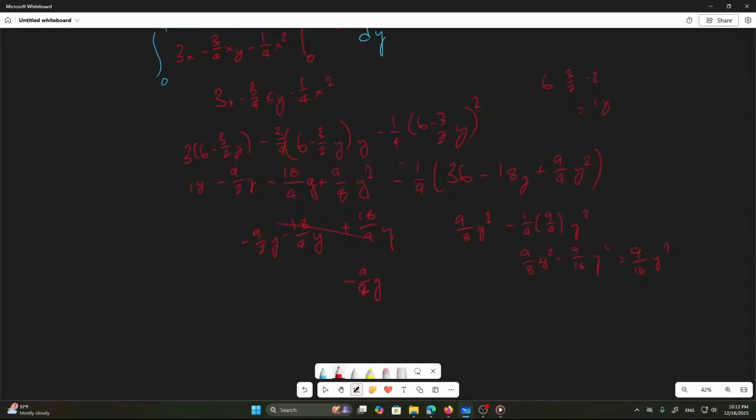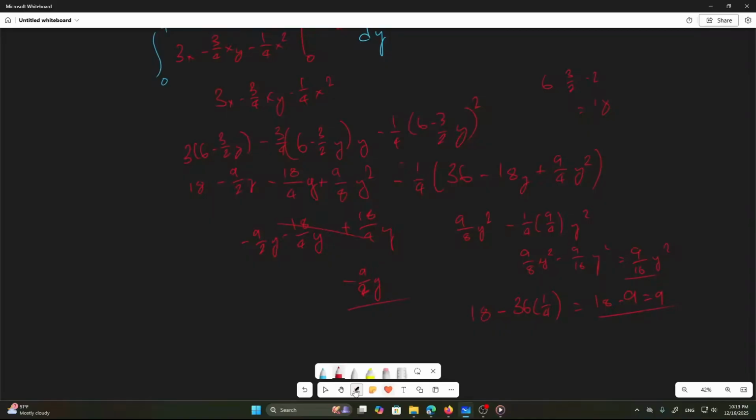And finally we get the constant term of 18 minus 36 times 1/4 equals 18 minus 9, which is just 9. And we have all of our components right here.